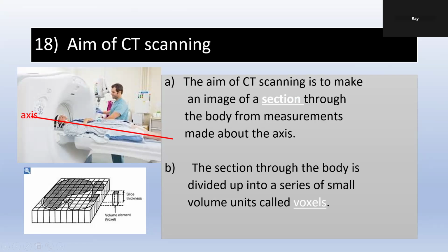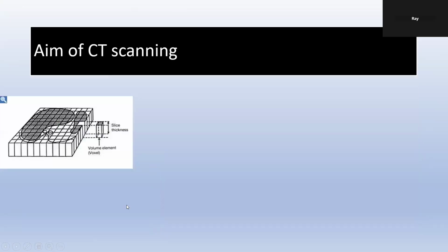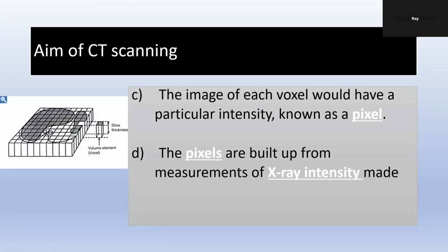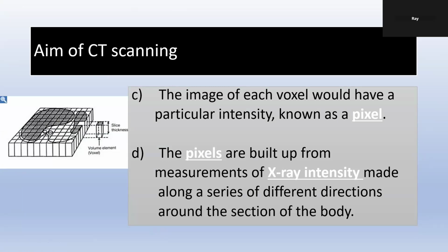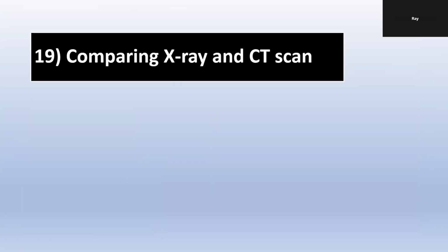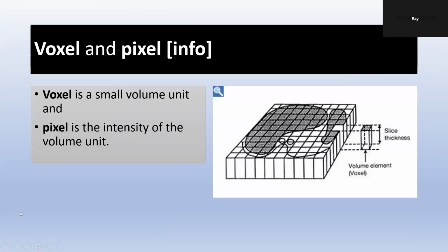You divide into small volumes the body section that you are looking at, and then you measure the intensity, called the pixel. The image of the voxel has a particular intensity known as the pixel. The pixel is built up from measurements of X-ray intensity made along a series of different directions around the section of the body. As I say, we won't bother about all these terms. Just for info.